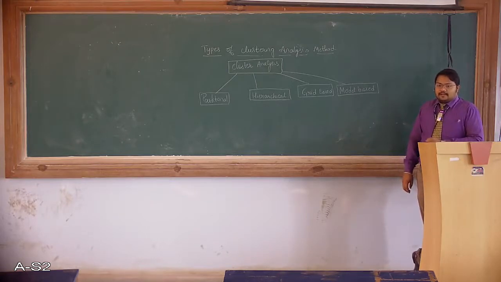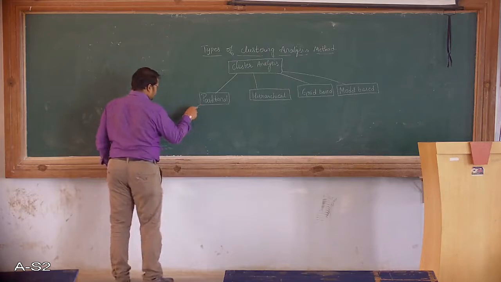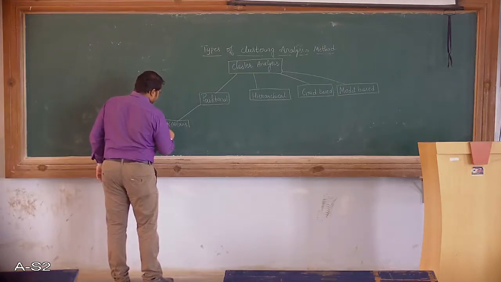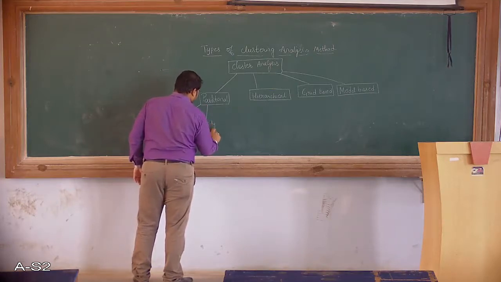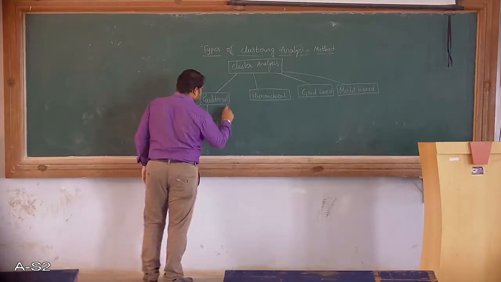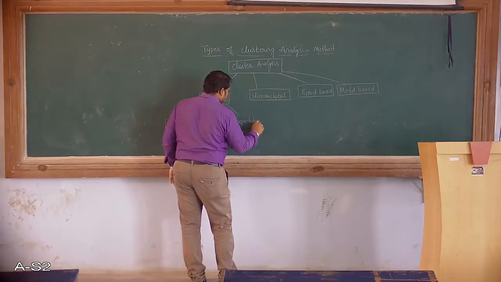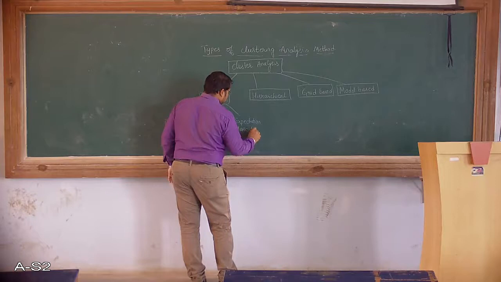The examples for partitioning methods are the k-means method, then we have density based methods, and we have expectation minimization methods.